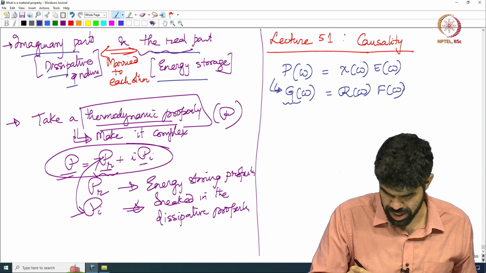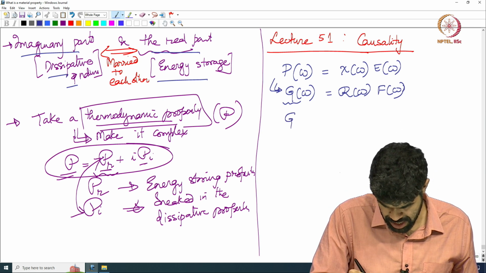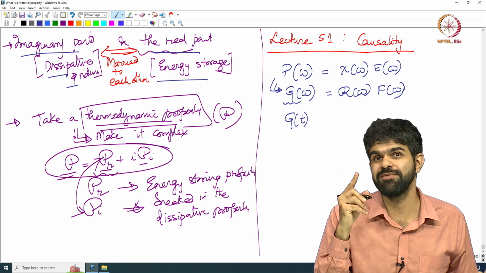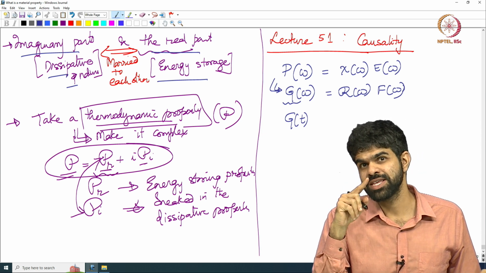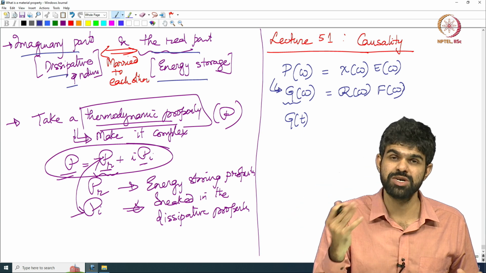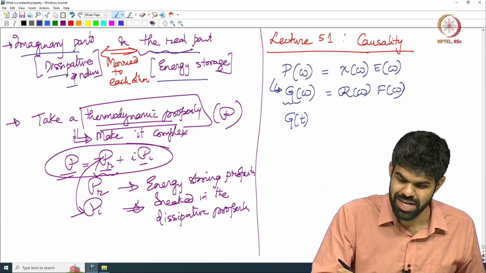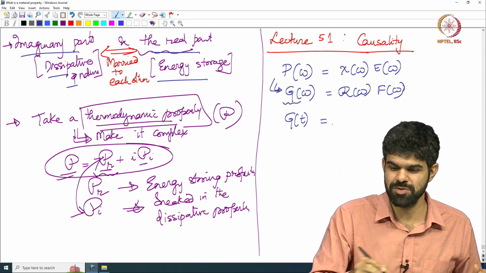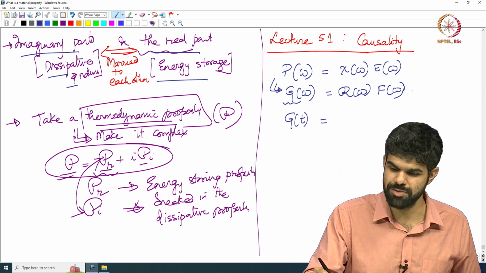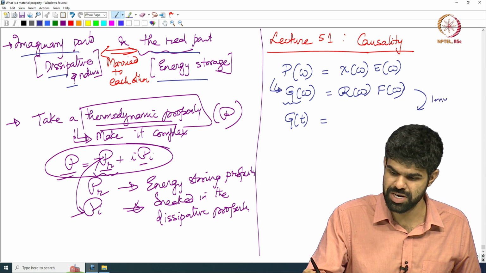Now this is in the frequency domain. If I go to the time domain and want to see how this g of t is changing in time, remember earlier, when I was looking at relaxation, I came from time domain signals to frequency domain signals by doing a Fourier transform. Now I have to do an inverse Fourier transform to go from the frequency domain to the time domain.